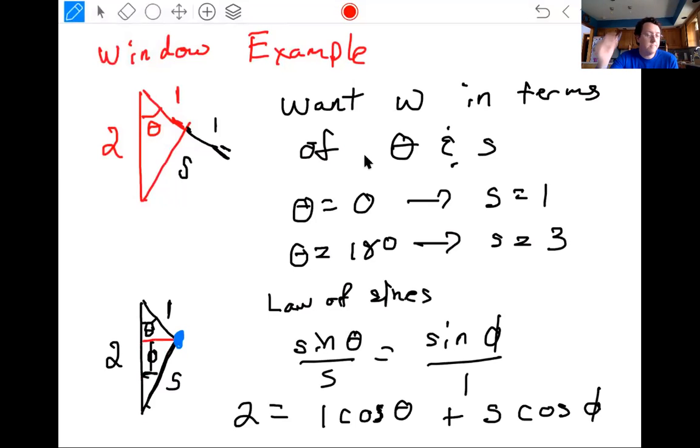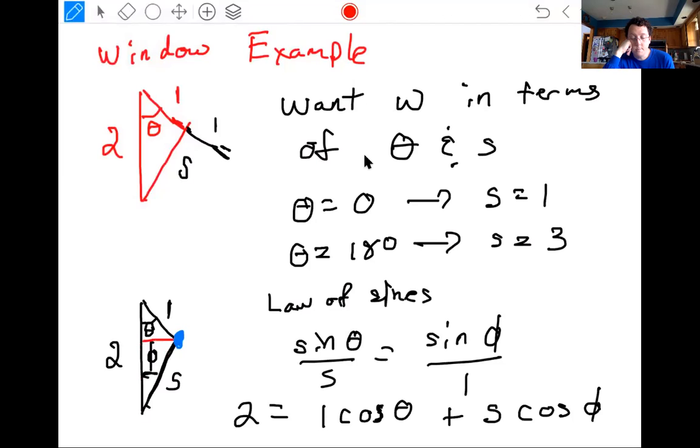One observation. That phi is always going to range, it certainly is between 0 and 90 degrees. Okay, so phi is going to never exceed 90 degrees.